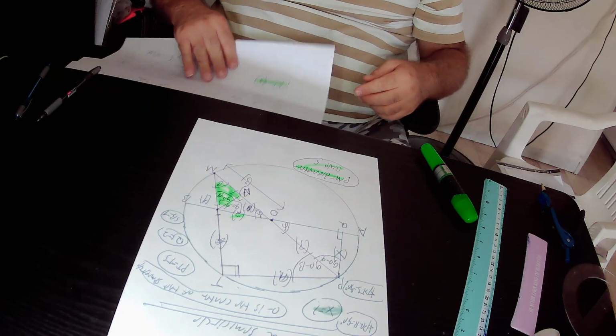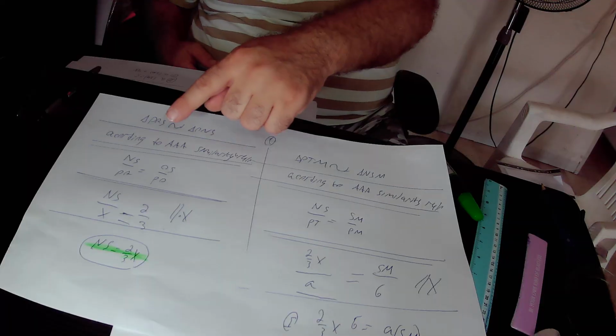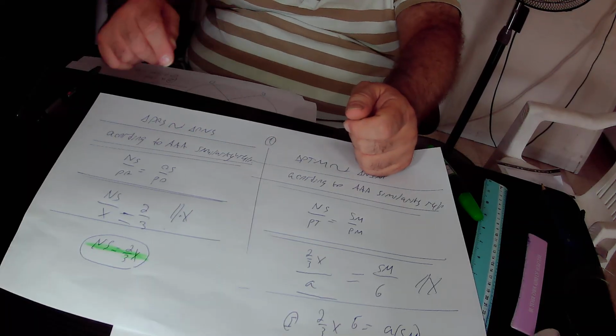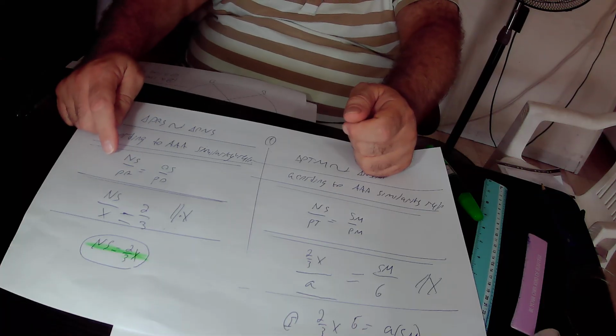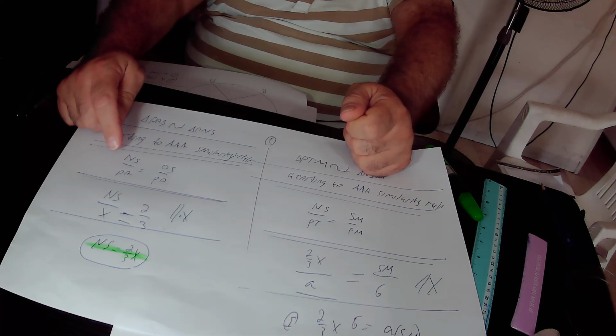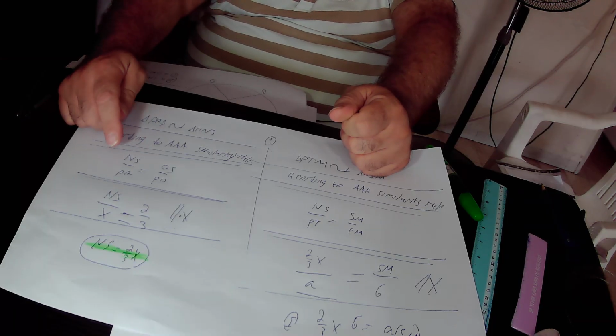So again, we write that side NS of the small right triangle ONS over side PQ is equal to side OS over side PO.